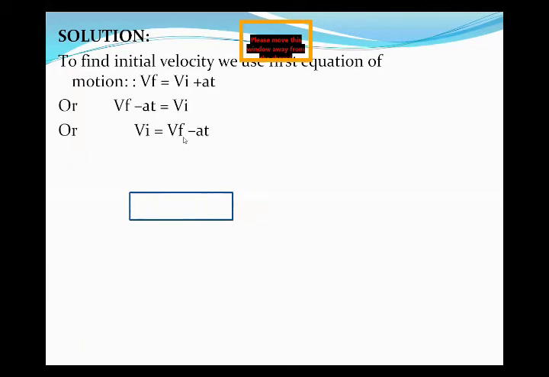Vf is 20, acceleration is 2, and the time is 5. First we multiply 5 with 2, which becomes 10. 20 will remain the same. So 20 minus 10 gives 10 meter per second. So here Vi is equal to 10 meter per second.